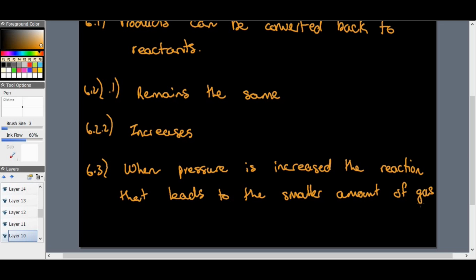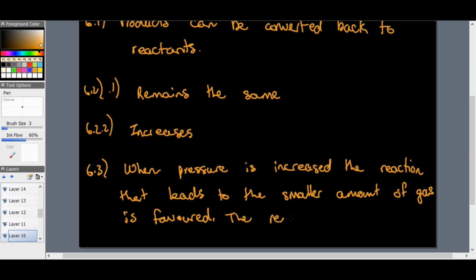or the smaller number of moles is favored. So Le Chatelier basically looks at the opposite. Instead of favoring the forward, it's going to now favor the reverse.